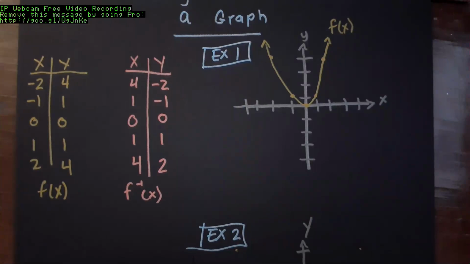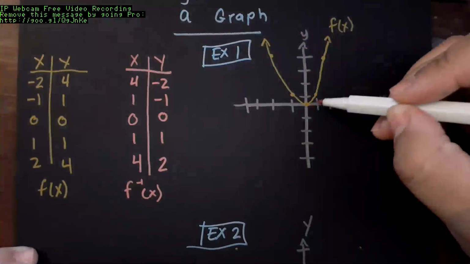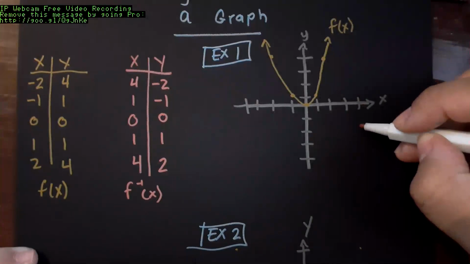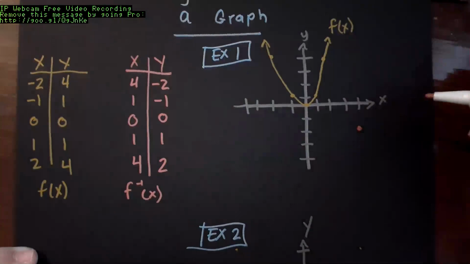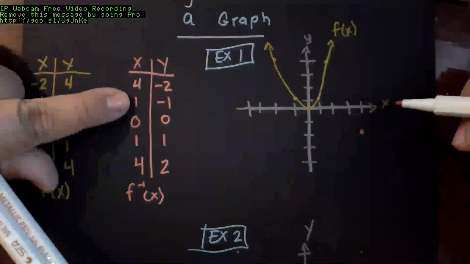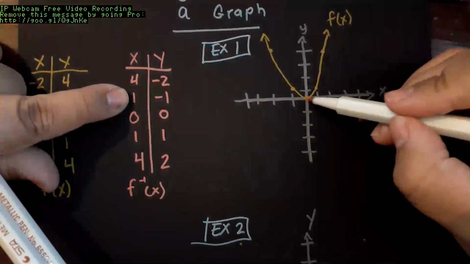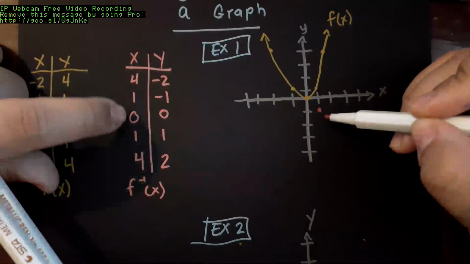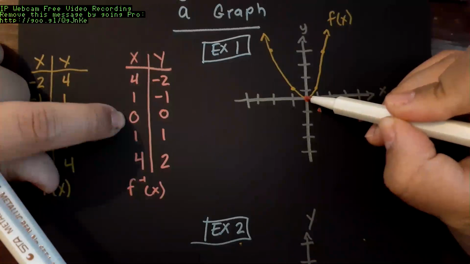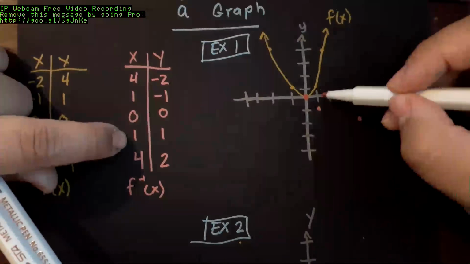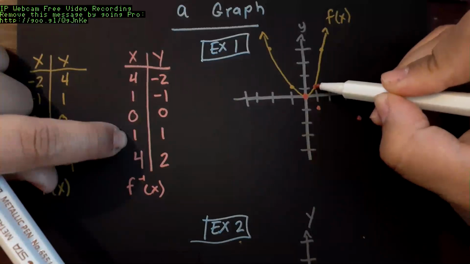Okay, so the next thing I'm going to do is plot the points for my inverse function. So I go over 4, -2, and then 1, -1. Next, I'm going to do 0, 0, and then 1, +1.